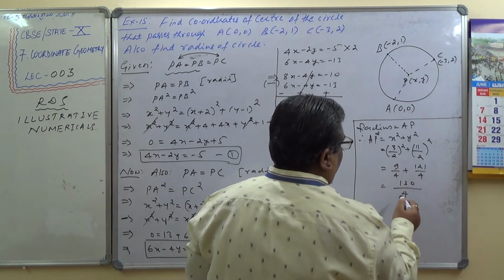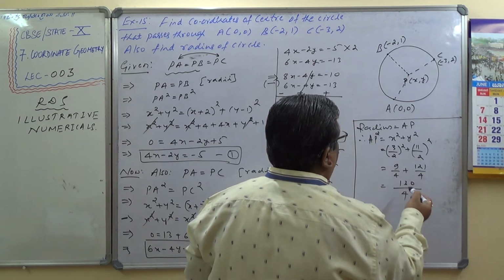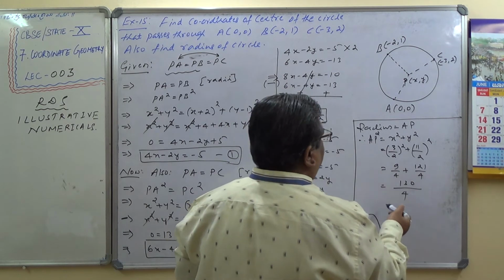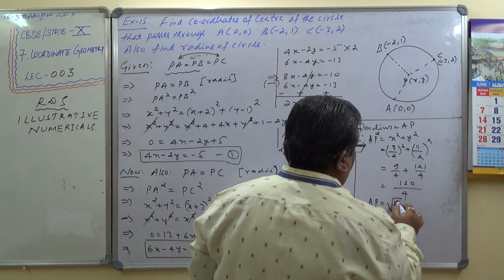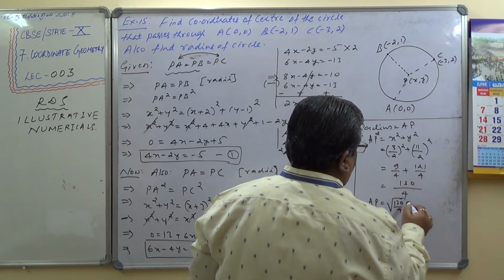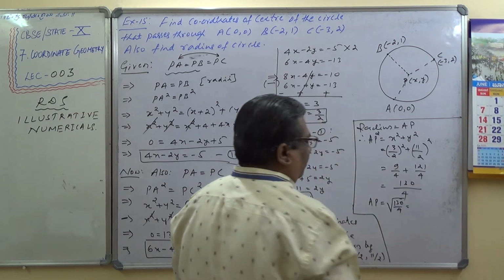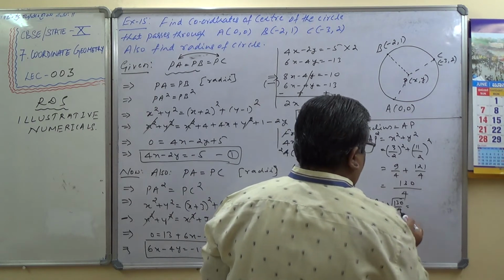And now what to do? I'll factorize 130 and take this one. AP is equal to under root of 130 by 4, which is given by 4 comes out as 2.